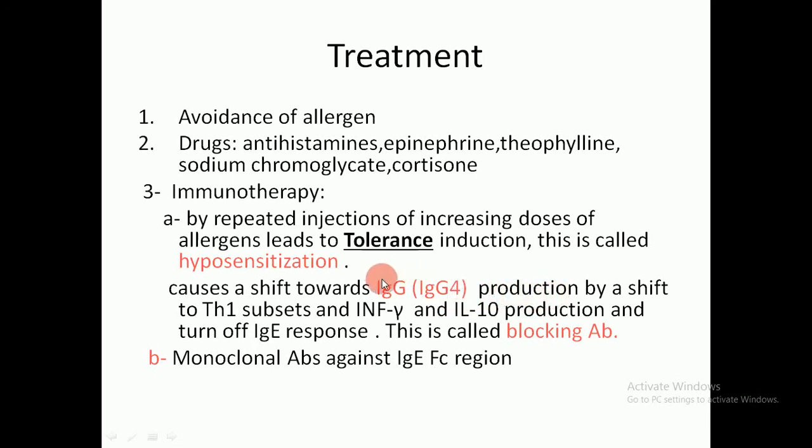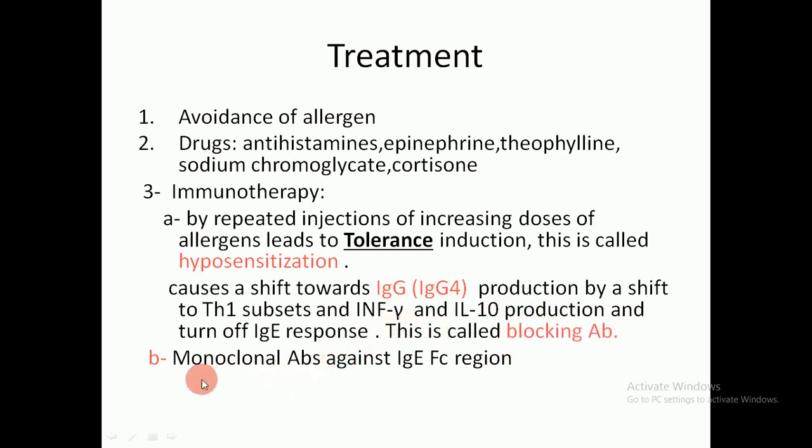As you know, when an allergen enters the body it leads to IgE, while here vaccination induces IgG4 by a shift to the T helper 1 subset, gamma interferon production and interleukin 10 production, and turns off the IgE response. So there is no production of IgE. And this type of antibody is called a blocking antibody.